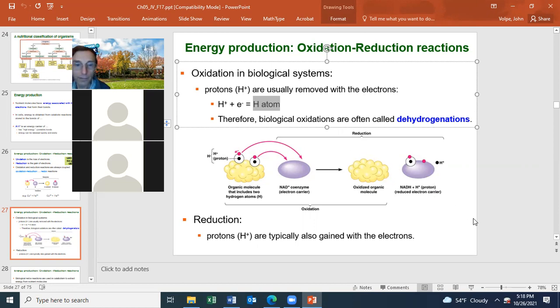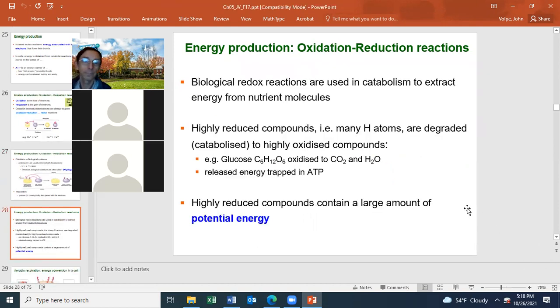All right, if there's no questions, let's move on. Biological redox reactions, meaning oxidation reduction reactions, are used in catabolism to extract energy from nutrient molecules such as glucose. The highly reduced compounds, compounds with many hydrogen atoms, are catabolized to a highly oxidized compound.